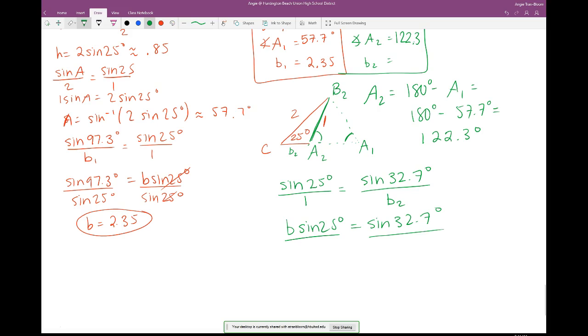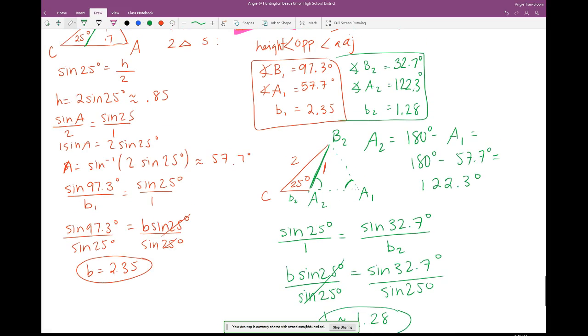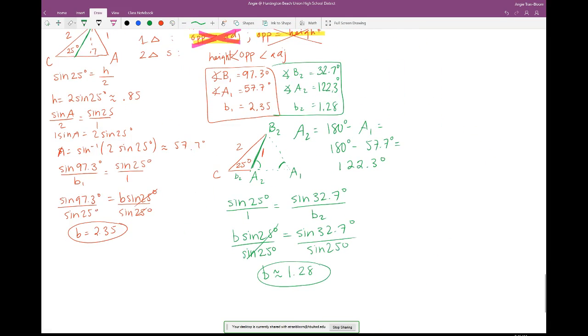Divide both sides by sine of 25 degrees. Okay. So now B, how small is this? 1.28. Thank you. Is that right? Okay. So 1.28. And make sure you guys have bubbles where they are needed.